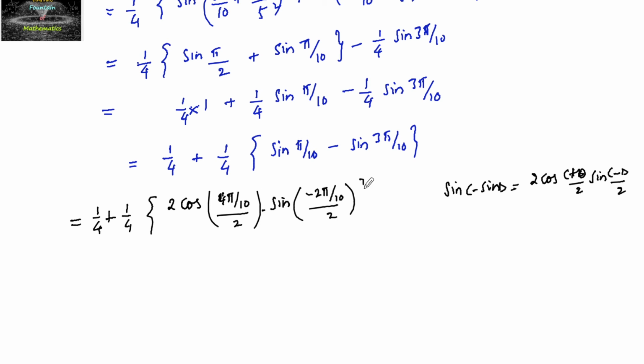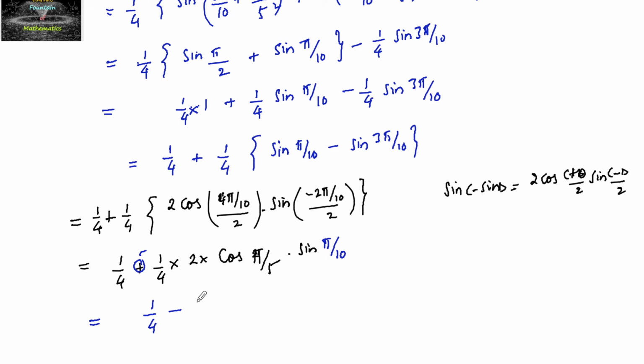So we can write here the next step: 1 by 4 plus 1 by 4 times 2 times cos of 2 pi by 10, that is pi by 5, and here sine of minus theta is minus, so the sign will change, minus sine pi by 10.